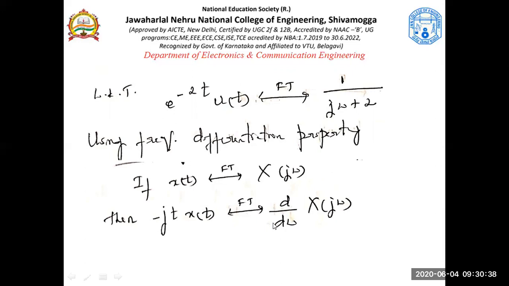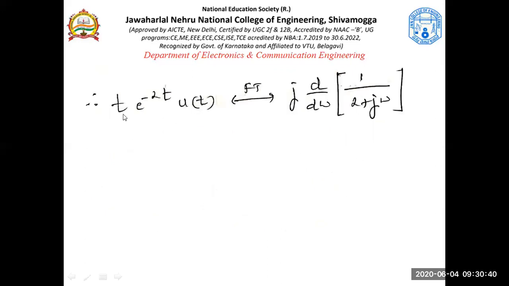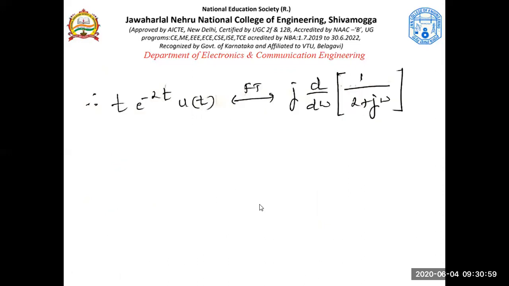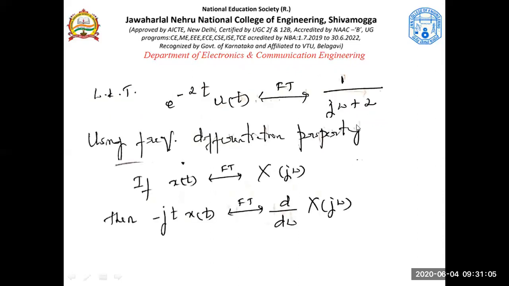So let's see what happens now. Since t is introduced along with this, this minus j t should have also been here. So what is happening with this minus j? This minus j is taken onto the right hand side. It would be in the denominator, so that would be taken as plus j in the numerator. I repeat again, this is the differentiation property.